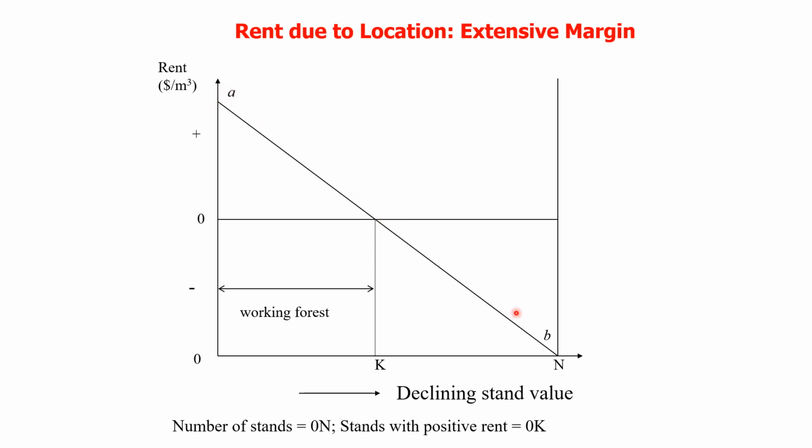This AB represents the rent function. Our working forest then is given by this distance OK. These are the number of stands that could possibly be harvested because they give a normal profit or a normal profit plus some additional rent. So these stands will earn a positive rent, these will earn a negative rent, and therefore they're not considered harvestable, and thus K is our extensive margin.